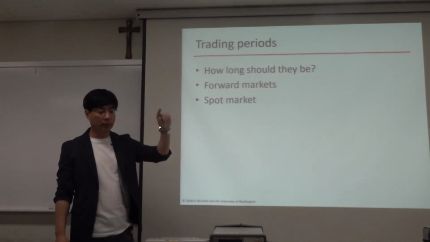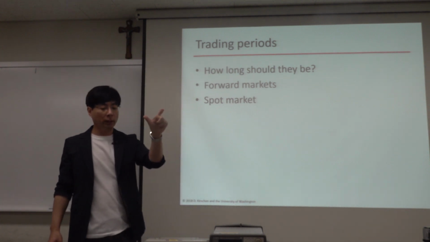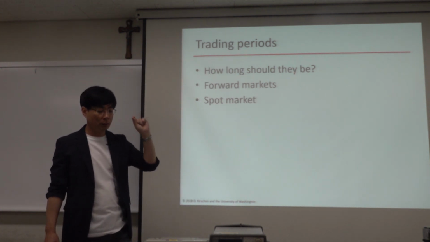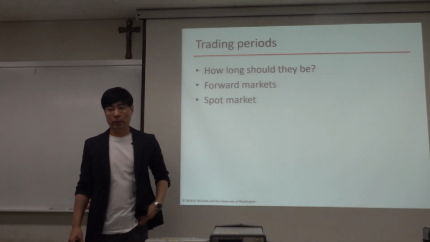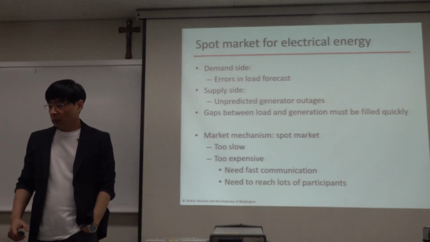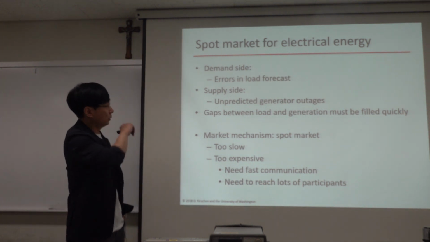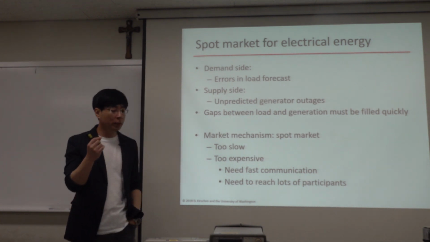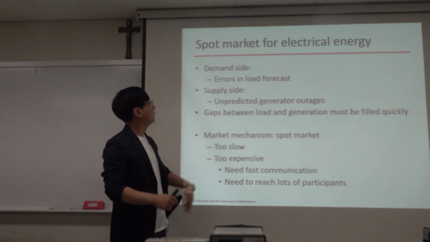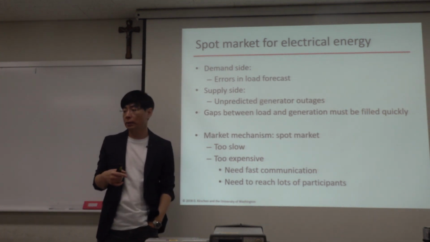But when there is a mismatch in the forward market, that quantity needs to be sold or purchased in the spot market in real time. So let's first talk about the spot market. The reason we need a spot market is that, from the demand side, load forecasting always has some errors.